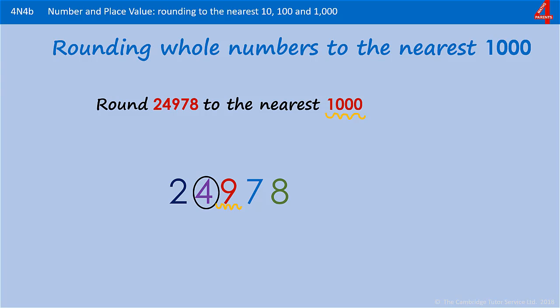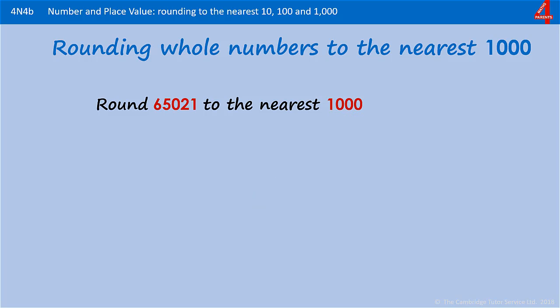And we're still looking at the column before that, which is the hundreds, to decide whether that 4,000 stays as 4,000 or goes up to 5,000. We have a 9 in the hundreds, which means we're going to round up. When the 900, the 7 tens and the 8 ones change to 0, that 4,000 will go up to 5,000. Notice the 20,000 won't change. We have 25,000.